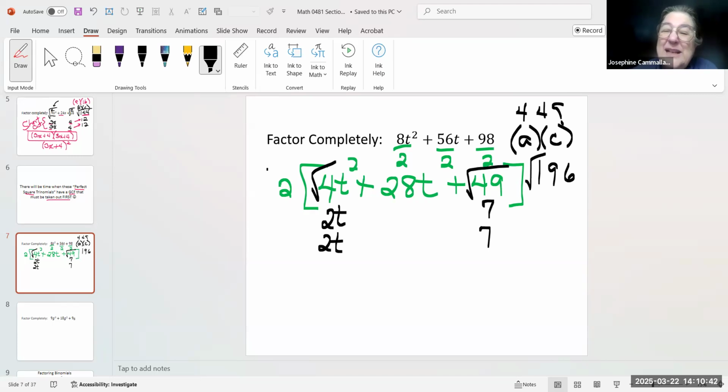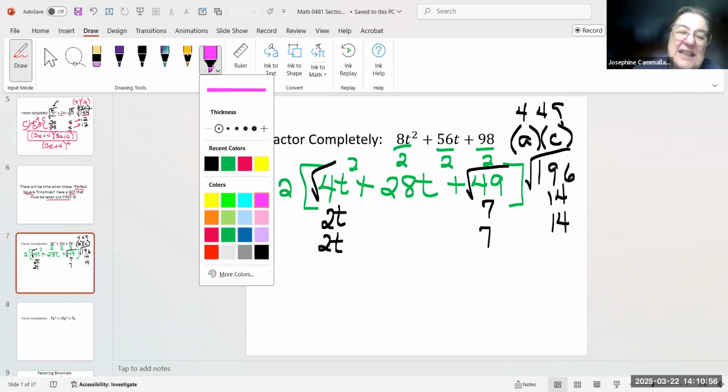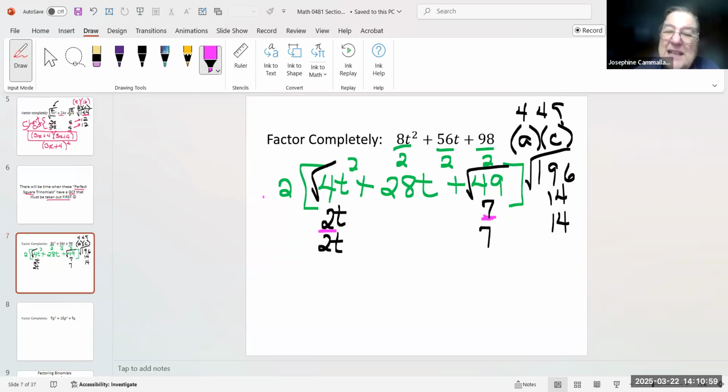Well, 196 is going to be 14 times 14. Okay, but notice this 2 times 7 gives me 14. This 2 times 7 gives me 14. Does this add to 28?